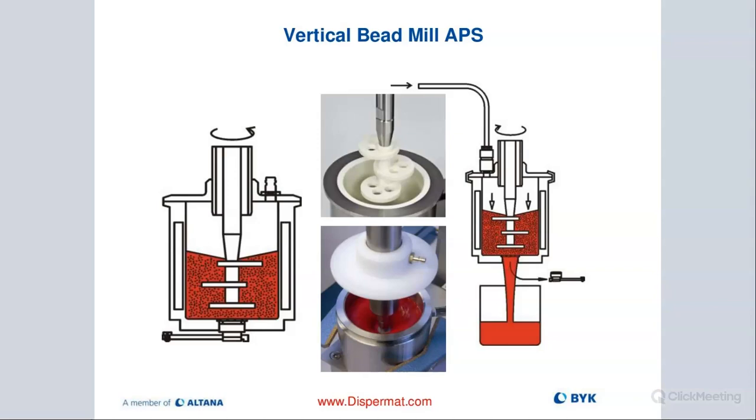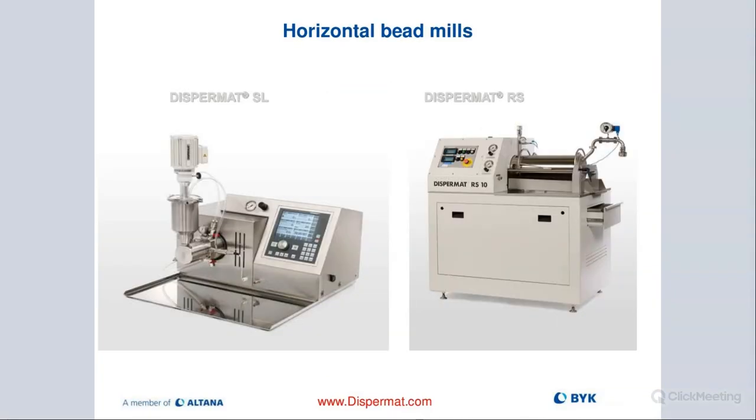But if I'm trying to do this with 2,000 liters, I'd have to put 2 tons of beads in there. It would be cost prohibitive. And also, how do you handle that many beads and that volume? So this is really a great design for the lab, but unfortunately not really scalable.